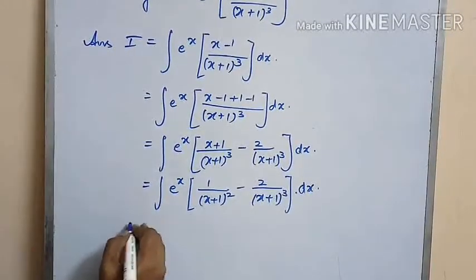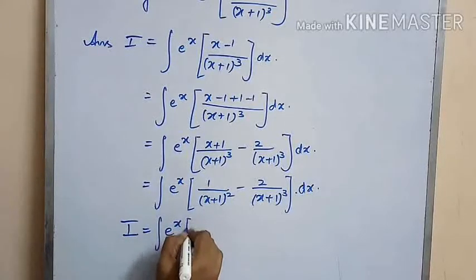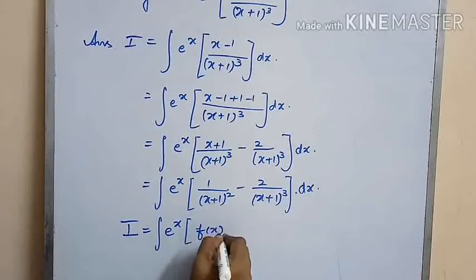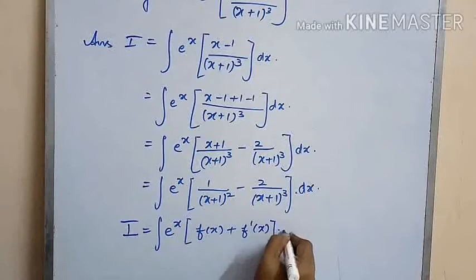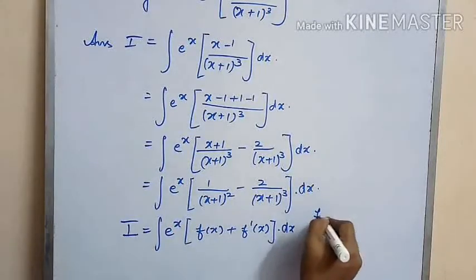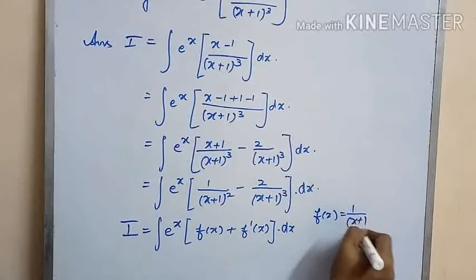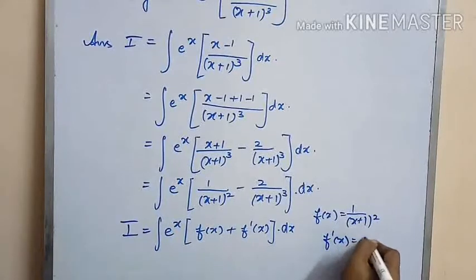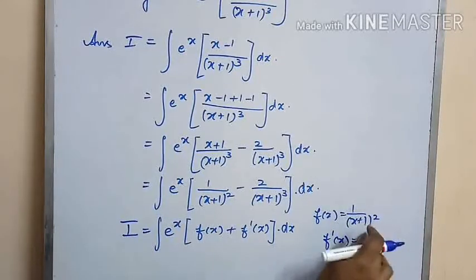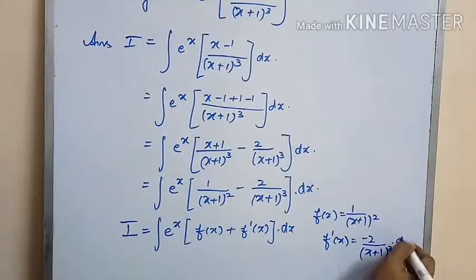From the previous problem, we can see that this is also of the form I is equal to integral of e to the power of x into f of x plus f dash of x into dx, where f of x is equal to 1 by x plus 1 the whole square and f dash of x is equal to minus 2 by x plus 1 the whole cube into dx.